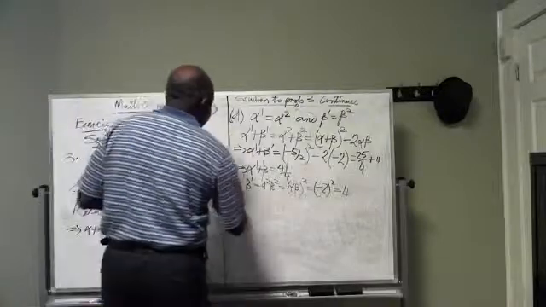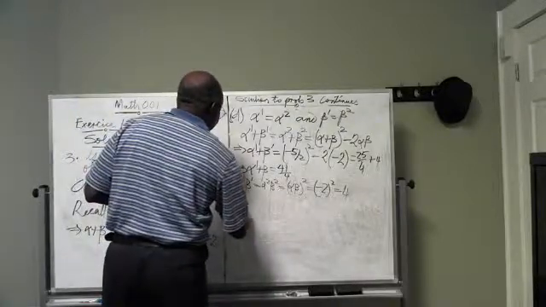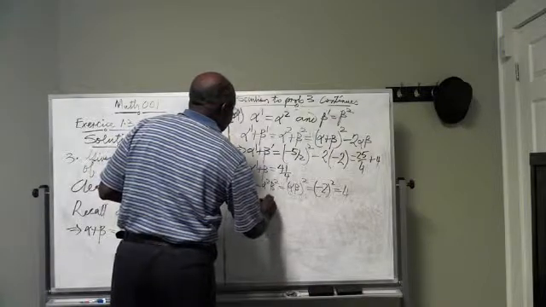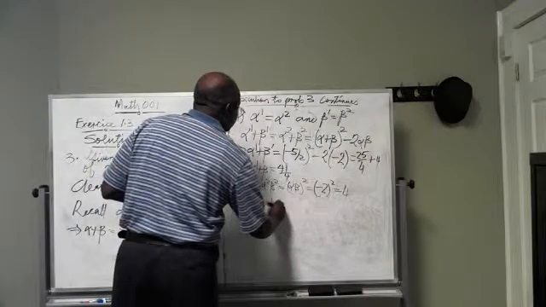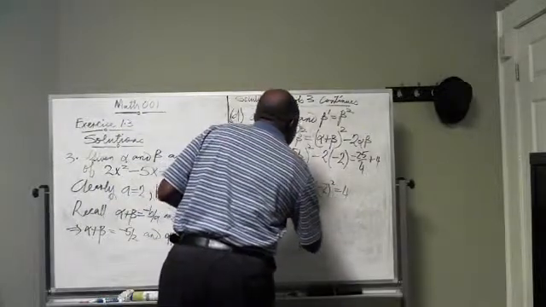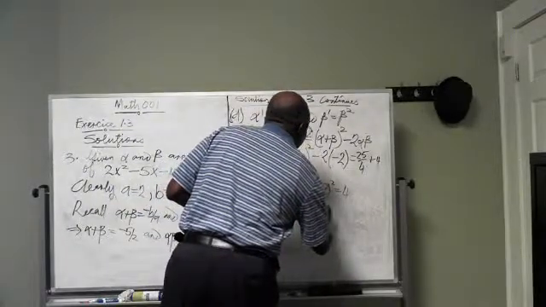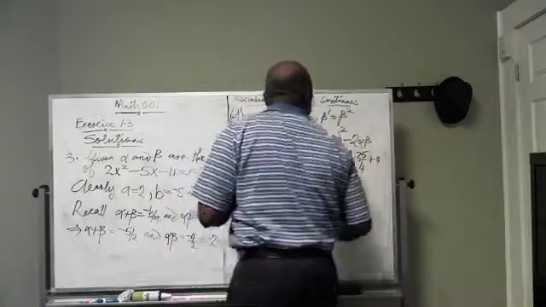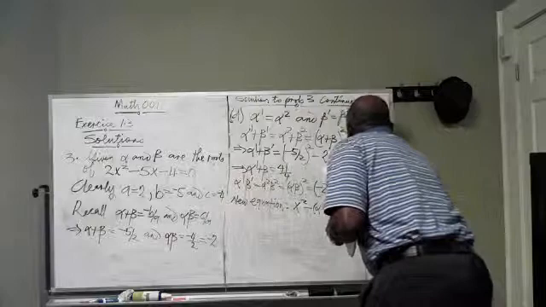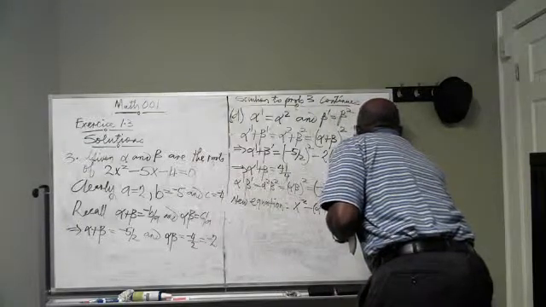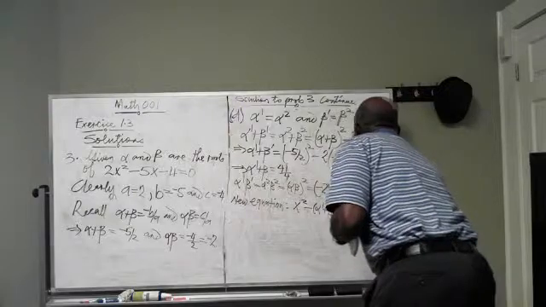And our new equation is given by x squared minus (alpha prime plus beta prime) x plus alpha prime beta prime equals 0.